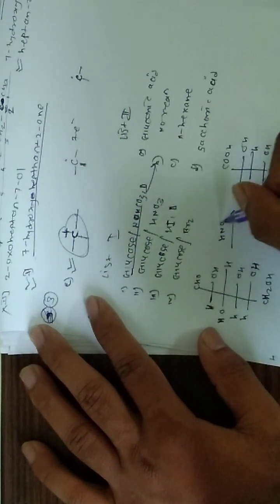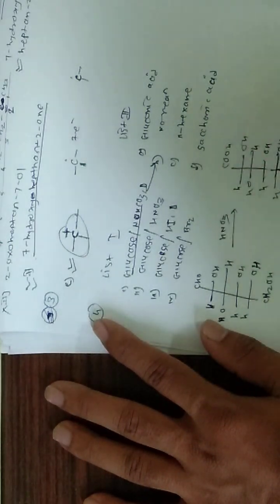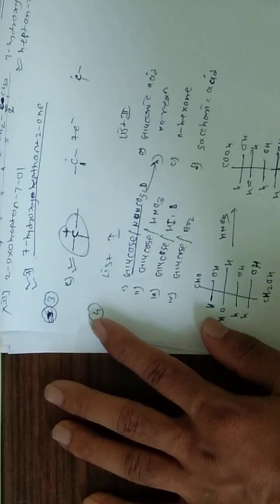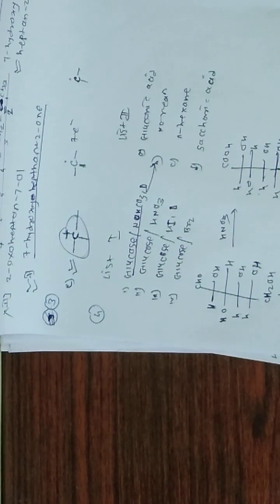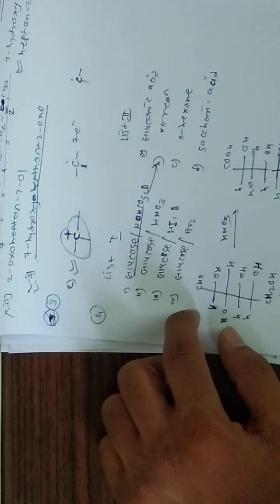If glucose is reacted with hydrogen iodide in the presence of heat, then what will happen? HI is a strong reducing agent, so it reduces CHO to an alcohol group.